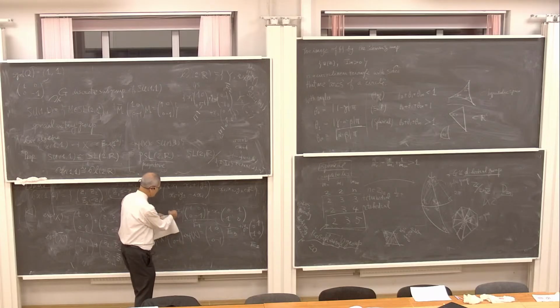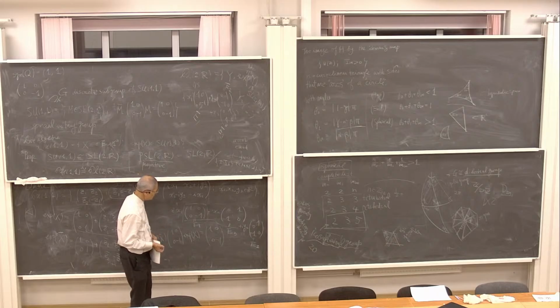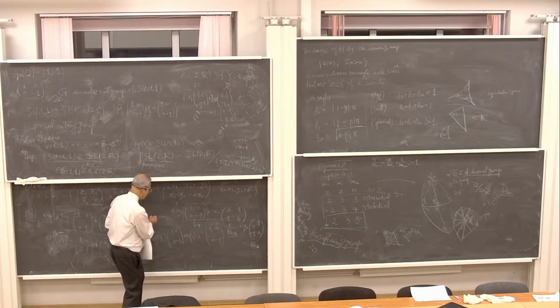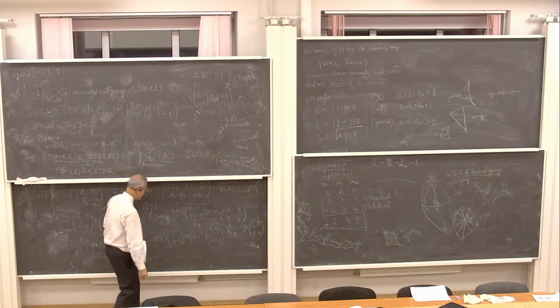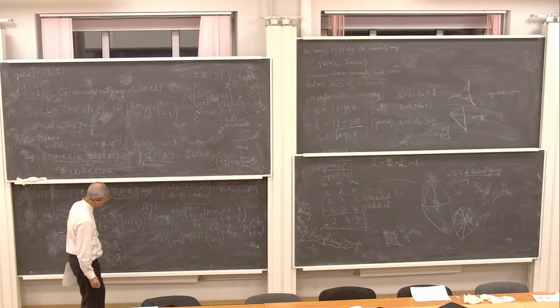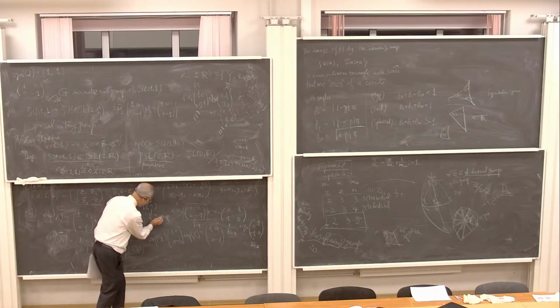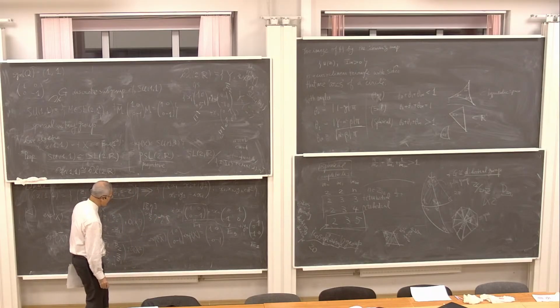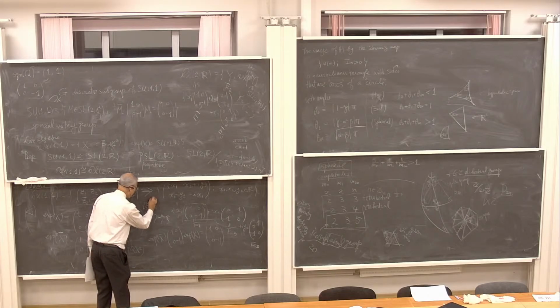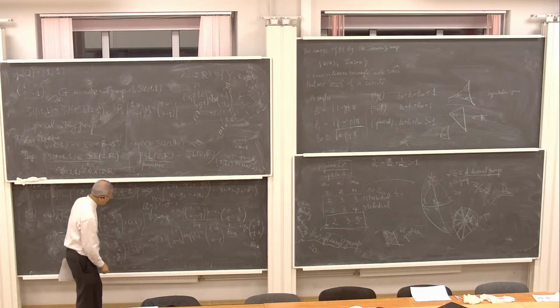So the multiplication of this kind of numbers, with respect to this Lie bracket, for all xi, eta in the Lie algebra g.